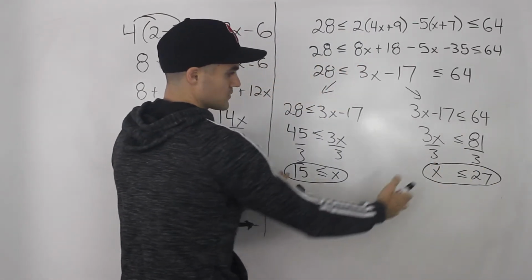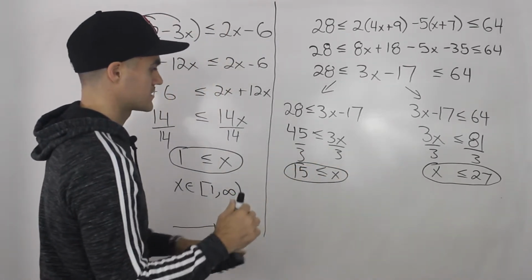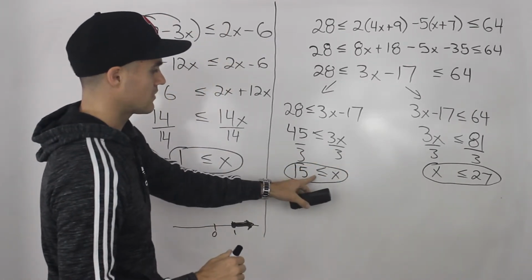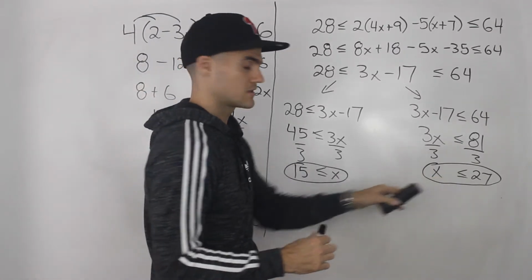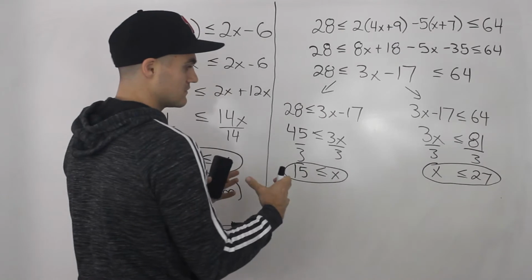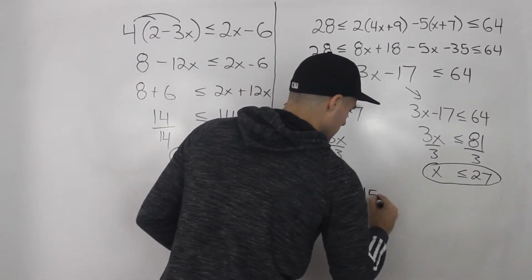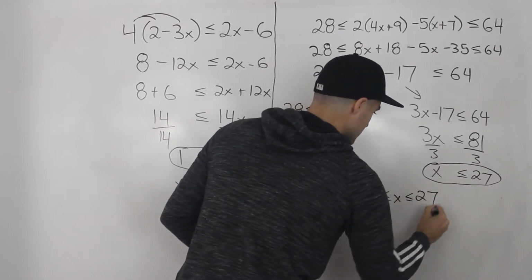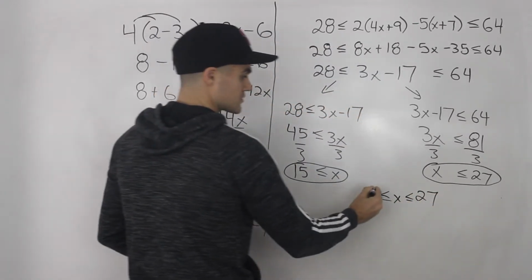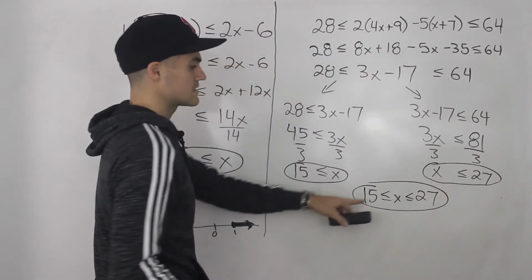Now we have to look at both of these solutions together and see if they make sense. x has to be greater than or equal to 15, and x has to be less than or equal to 27. That gives us a possible solution. That means x has to be in between 15 and 27, inclusive of those. So the answer to this double inequality is this here.